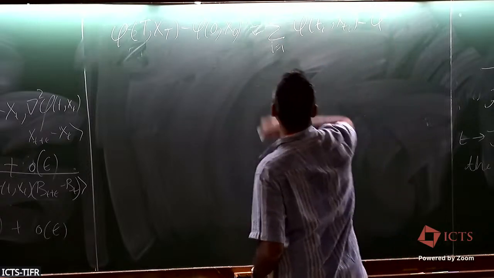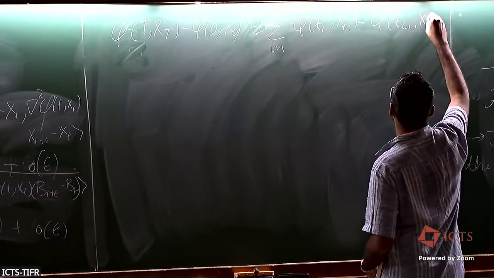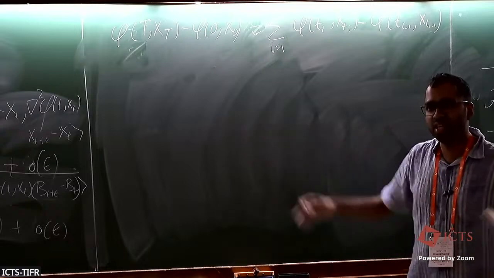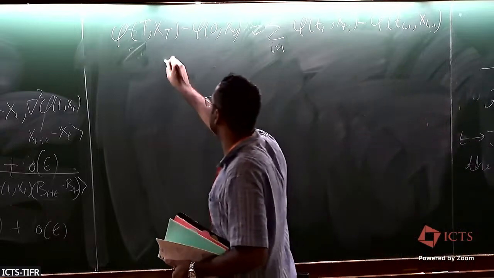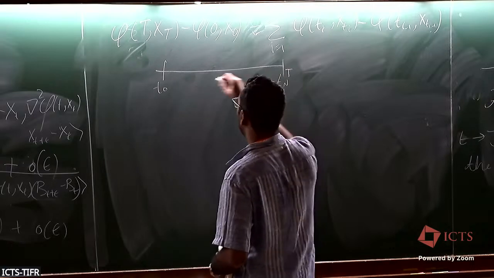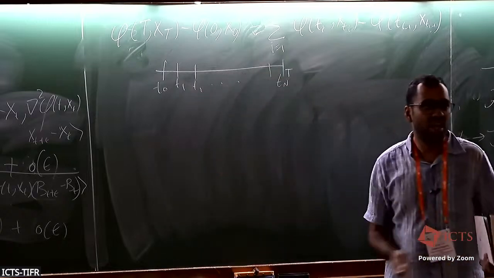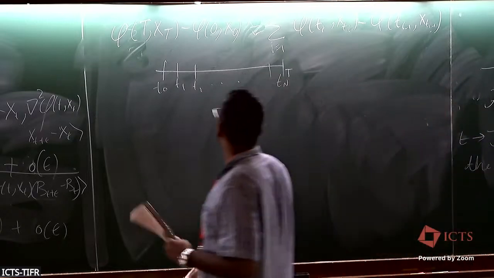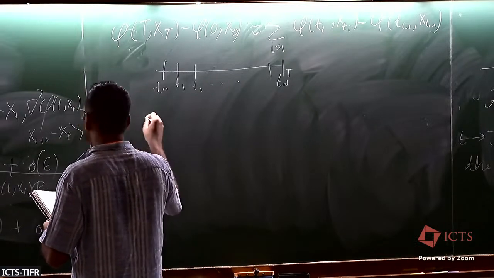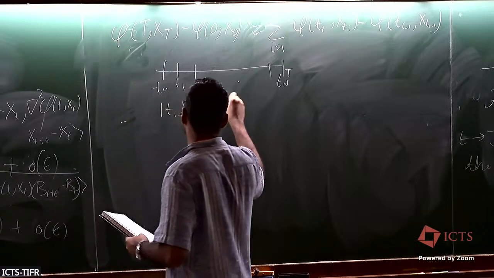This is exactly equal, and it is just a discretization of the grid where each step is small. Let's think of this as t_0 and this as t_n, with t_1, t_2, and so on, such that t_{i+1} minus t_i is epsilon.